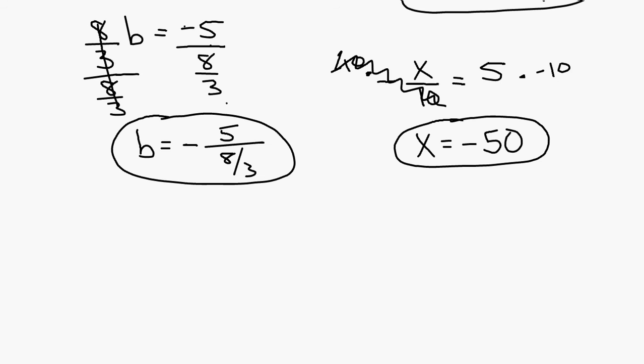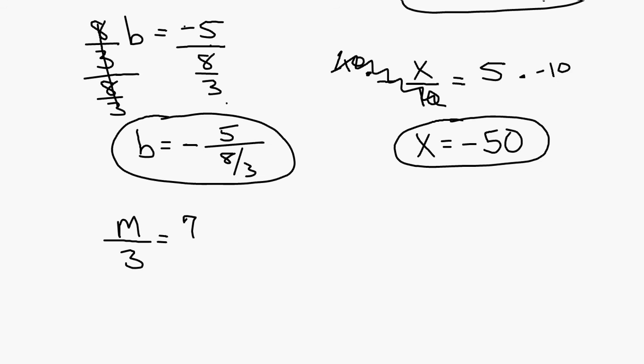Another problem you may see would be m divided by 3 is equal to 7. What's being done to the variable, Gene? Say again? Yes, but what's being done to the variable?